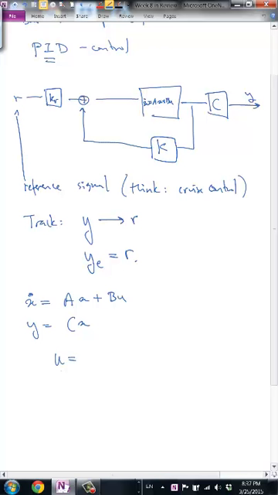So what is u? u is equal to minus Kx, plus the feed forward filter k_r times r. The signal u goes in here. What happens when we plug this in? We get x dot equals (A minus BK) x plus B k_r r.